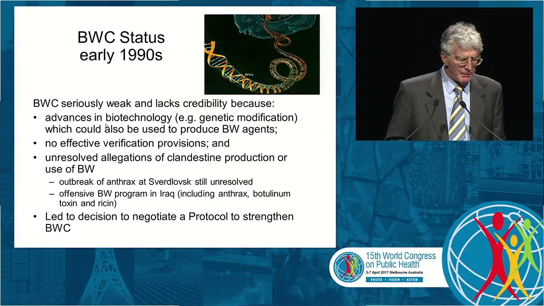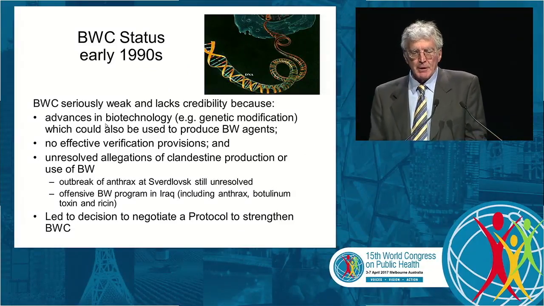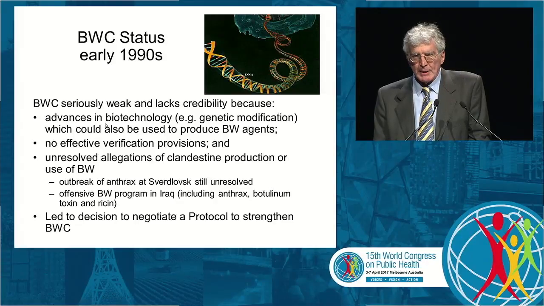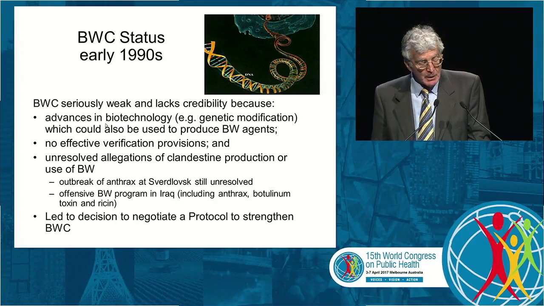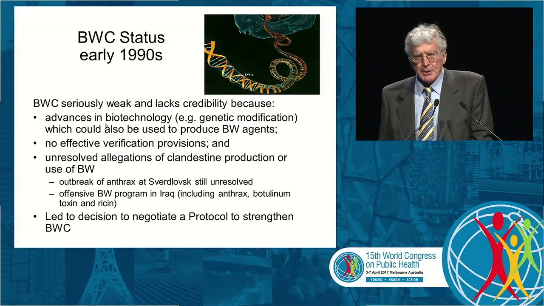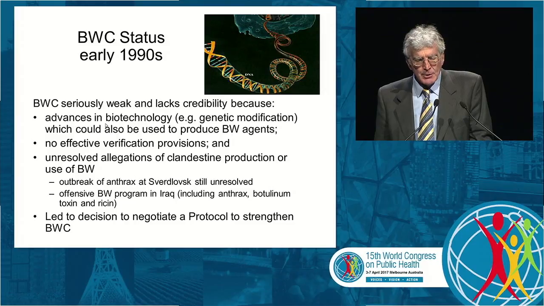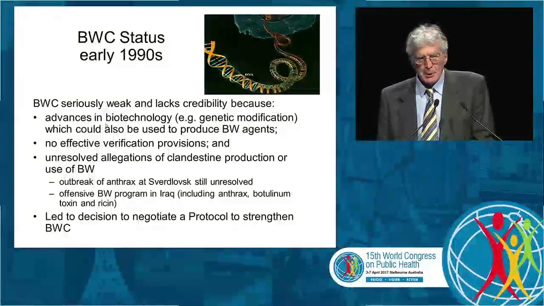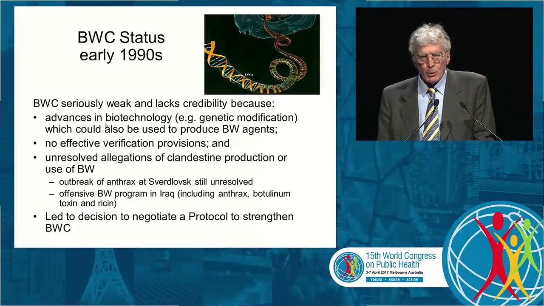Anyway, so moving on 15 years from the entry into force in 75, there'd been major advances in biology since the mid-70s, which are obviously still going on at the moment. One of the main advances is the gene technology, genetic modification. These days, there's all these sorts of genomics, gene editing and so on, which again can be used for highly beneficial medical purposes, among other purposes, but also can be used for making pathogens as warfare agents.